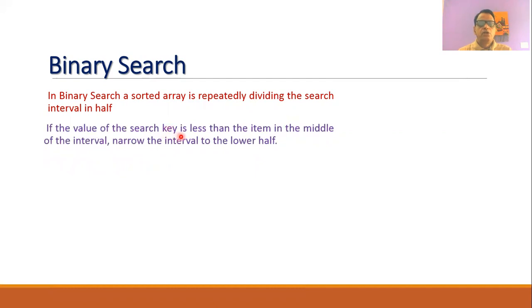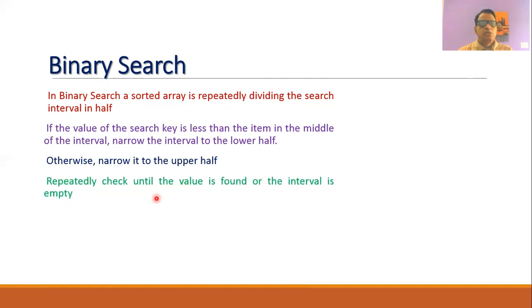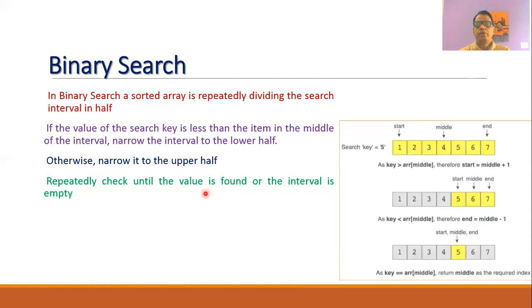If the value of the search key is less than the item in the middle of the interval, then we narrow the interval to the lower half. Otherwise, we narrow the interval to the upper half. This process is done repeatedly until the value is found or the interval becomes empty.